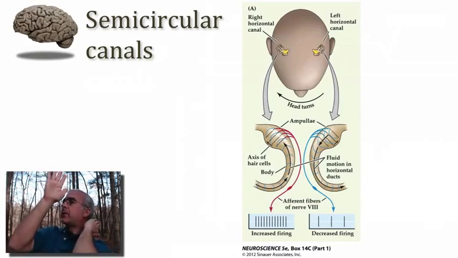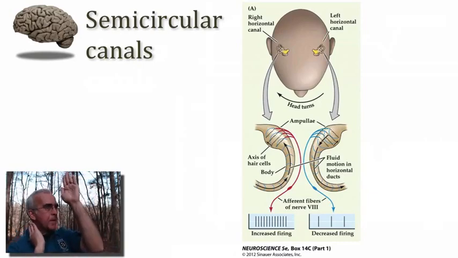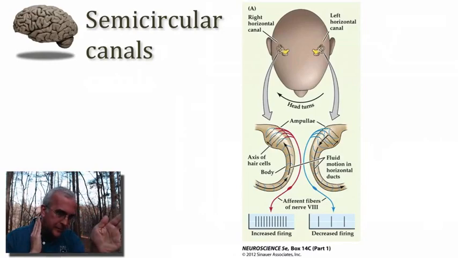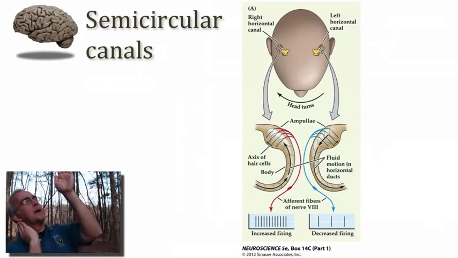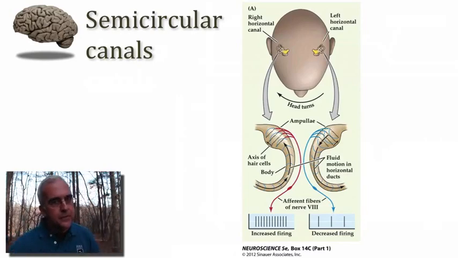A tilt back would do the opposite. It would activate the left inferior canal and deactivate the right superior. Okay? If I rotated down and to the left, I'm activating my left superior canal. Rotate my head back and to the right, I'm activating my right inferior canal.